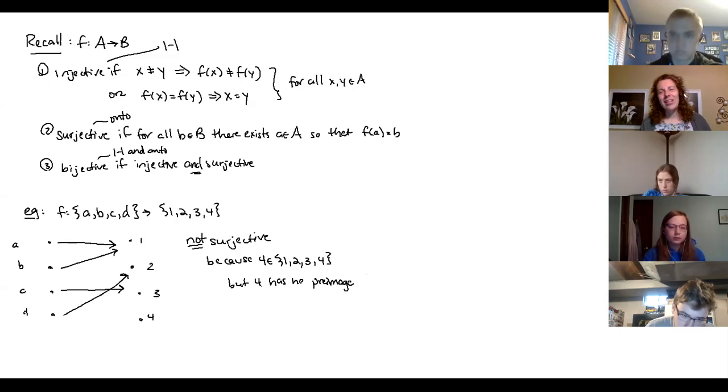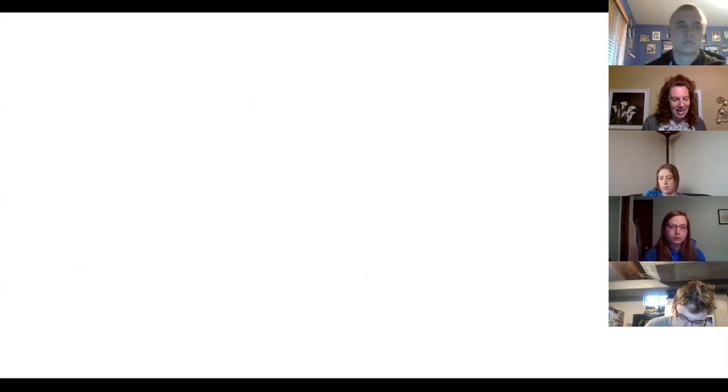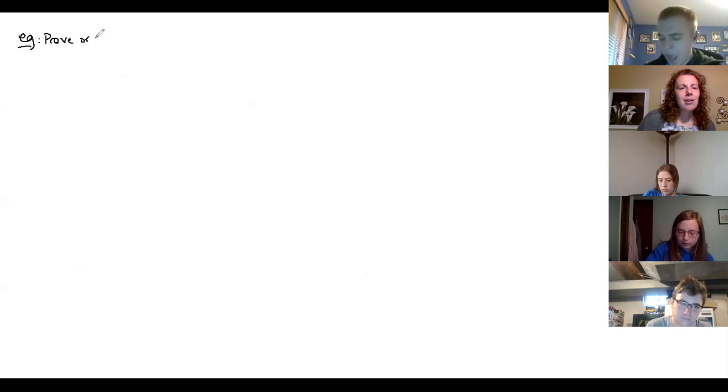Let's get into some where functions are defined by rules, and they're a little bit harder. All of these are prove or disprove surjective.